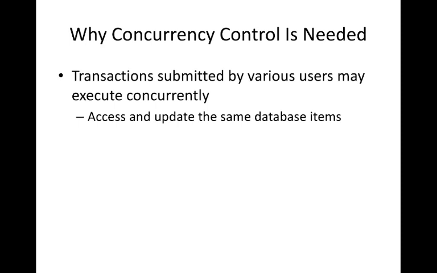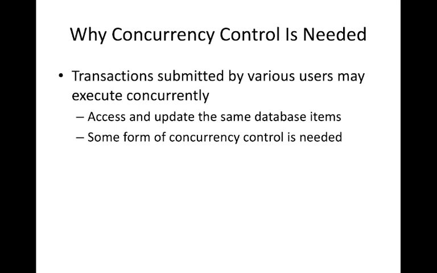If the person withdrawing is not getting the updated amount, there will be a problem: he may lose some money, or some money may get added to his account. So if they execute concurrently in an interleaved fashion, several problems might happen.